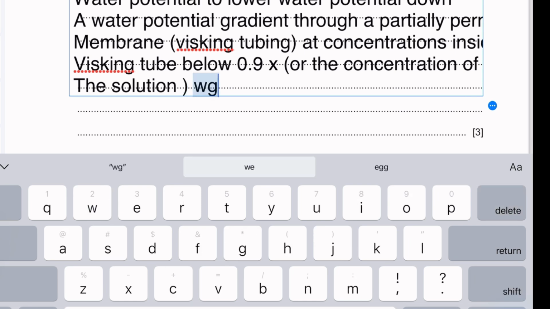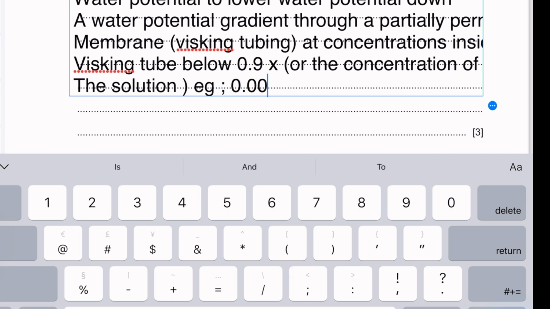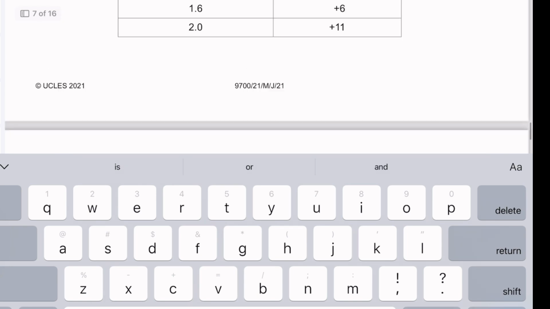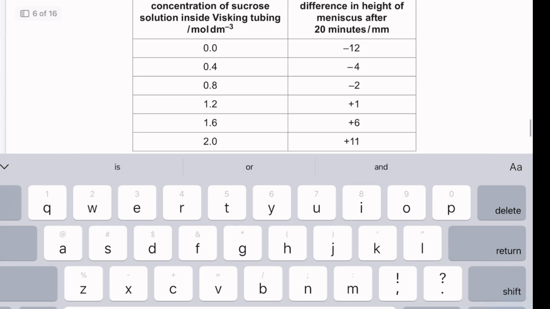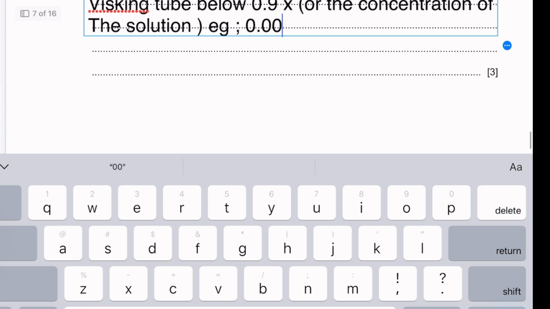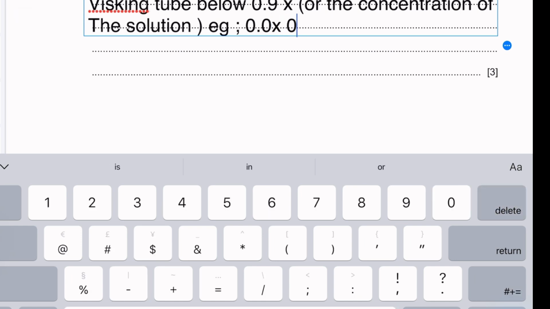And here we mention the examples that we have here. 0.0 with the units, and then you have 0.0, 0.4, 0.8.